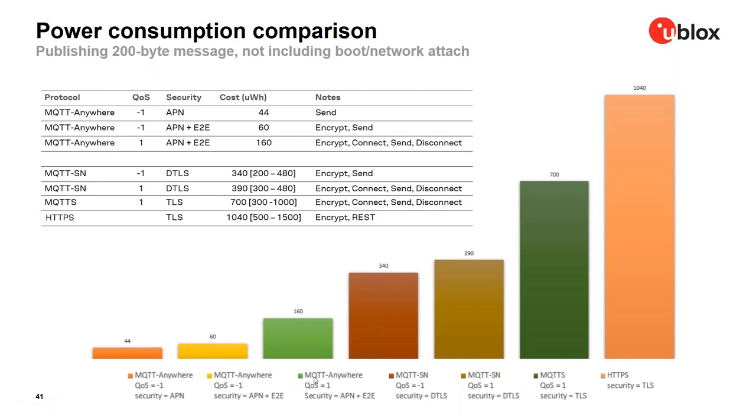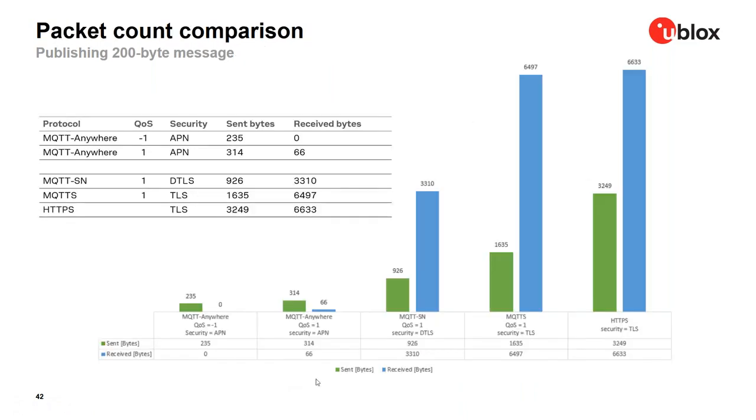But power consumption is not the only cost. There is also how much traffic you generate over the air. Using some AT commands that we have, we can count how much data we are actually sending or receiving.